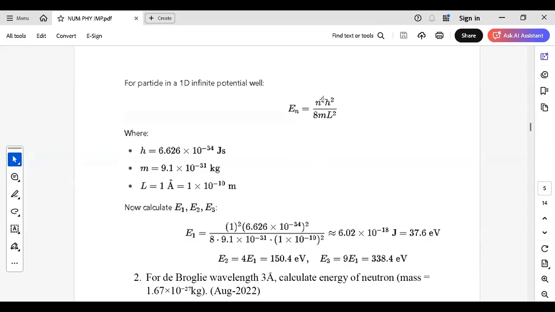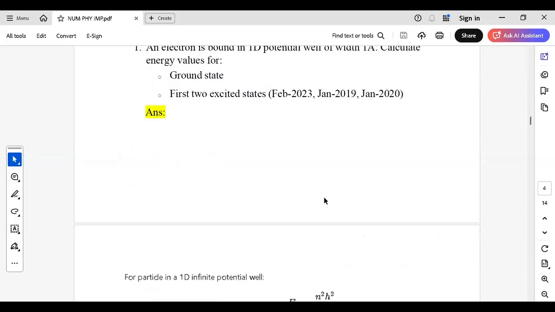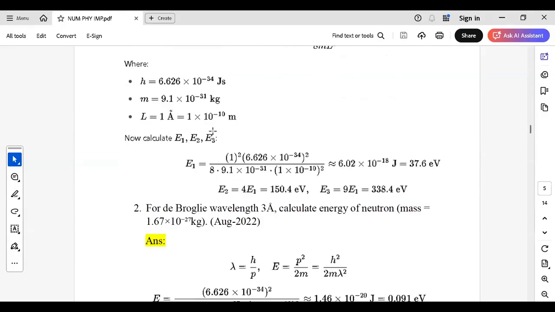N for the ground state is 1, so for E1 you get 37.6. For the first two excited states, you calculate E2 and E3 and get the values respectively.